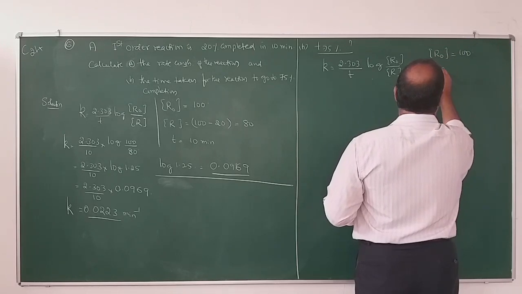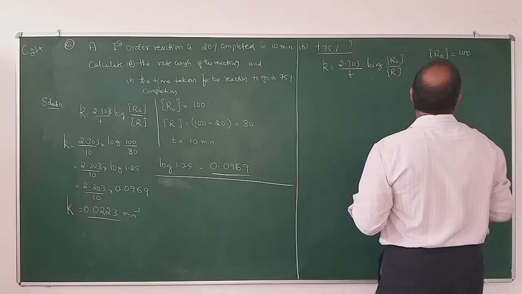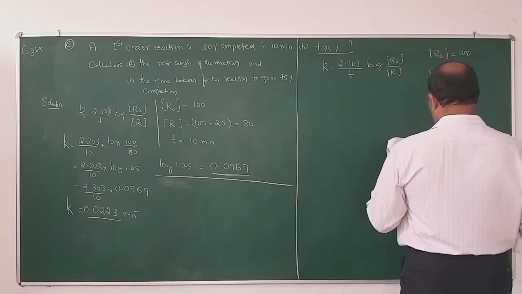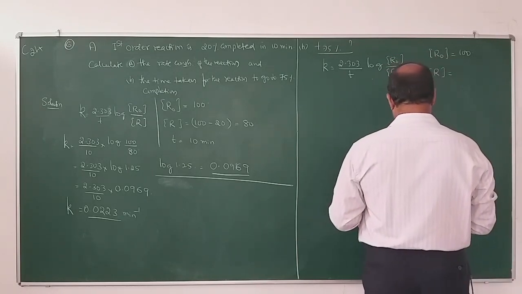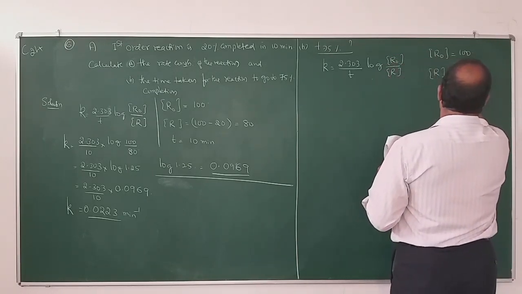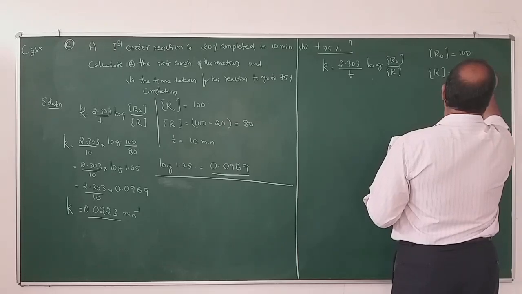What is R? 75% is completed, so the remaining concentration is 25%. So this is 100 minus 75.